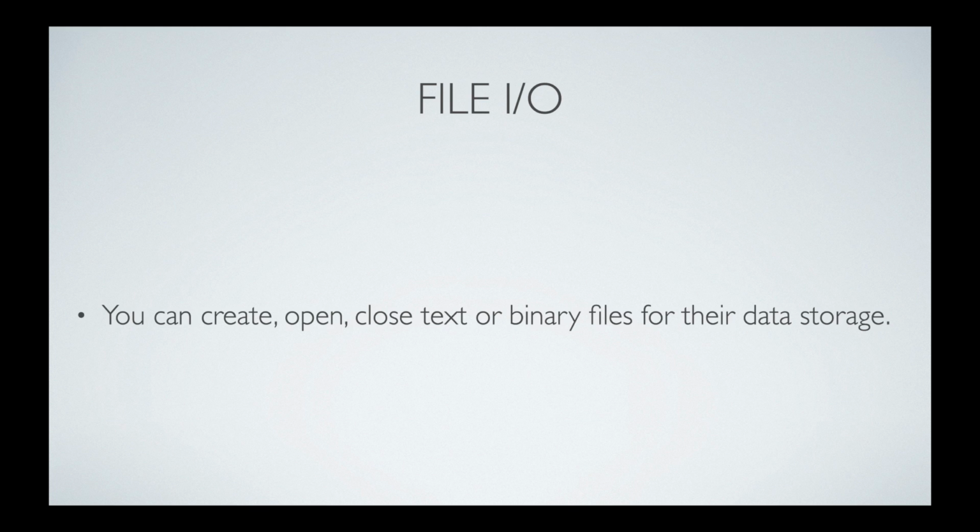File IO lets you create, open, or close text or other files and access their storage. This can be useful if you want to write things from the code itself to a text file, or take data from the file. Say you have a list of names and GPAs and you want to rank them.